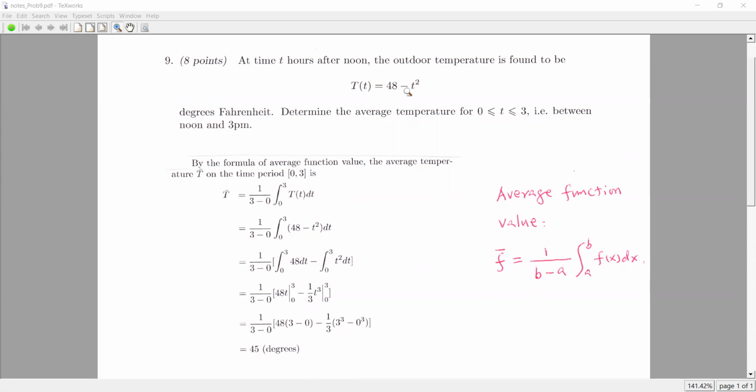Plug in 48 minus t squared in T, then I have this equation. Apply the difference rule, I have this equation. Then by fundamental theorem of calculus, I have this equation. Plug in upper limit in t, lower limit in t, upper limit in t, lower limit in t. Then the average temperature is 45 degrees.